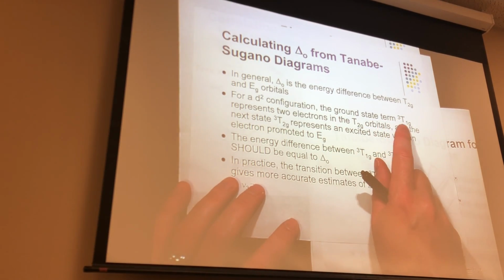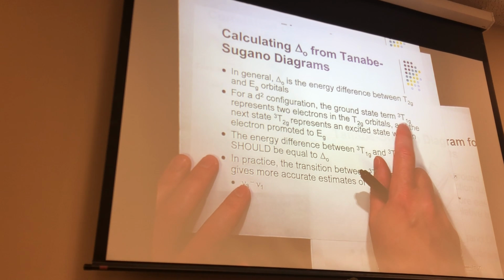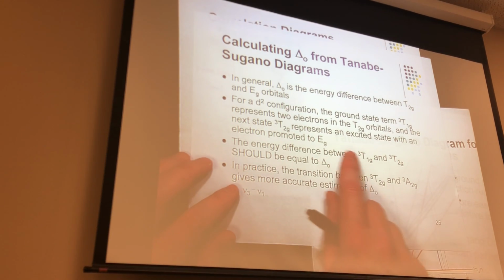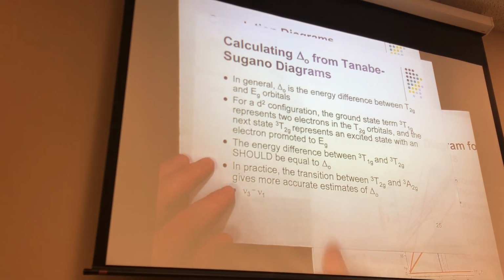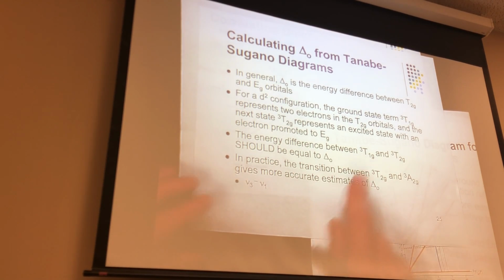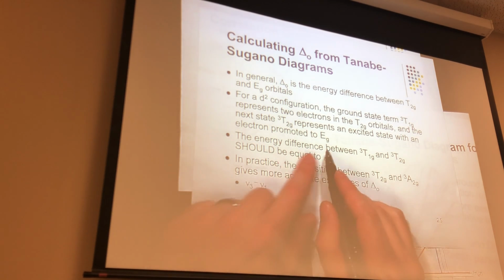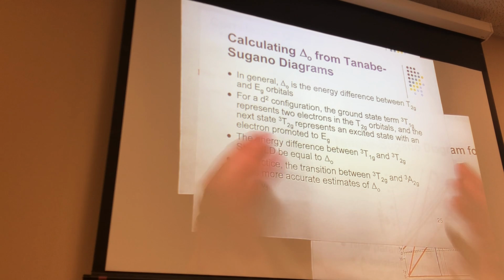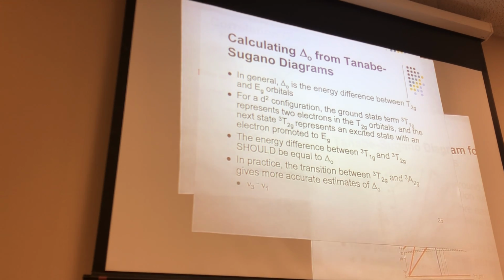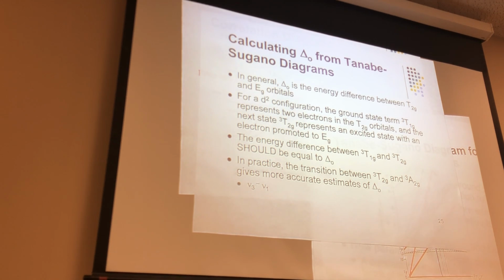The ground state term represents occupancy in the T2g orbitals, but the term is triplet T1g. And the next state represents an excited state with a single electron per orbital. So since we're going from a state with a double occupancy in the T2g orbitals to a single occupancy in eg, the wavelength, the frequency we see, should be equal to the energy of the octahedral field.